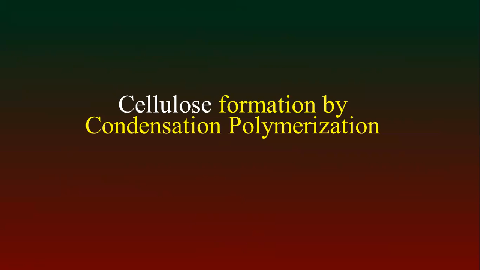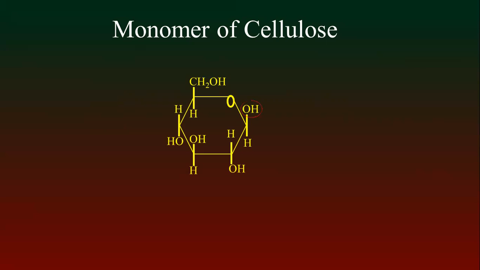Okay, now we have to look at cellulose formation by condensation polymerization. That means in this case a side product must be produced after cellulose formation. First of all, you have to know the monomer of cellulose. For the formation of the cellulose compound a monomeric compound is needed, and this compound is called beta glucose.